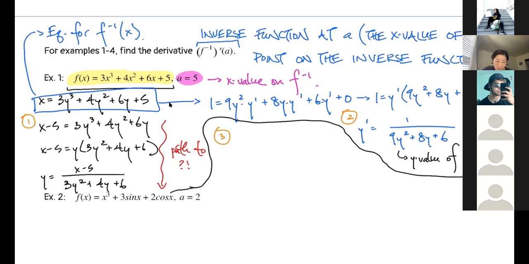In words, we know that the slope of the inverse function at 5 is equal to the reciprocal of the slope of f. We're going to leave that blank for right now.